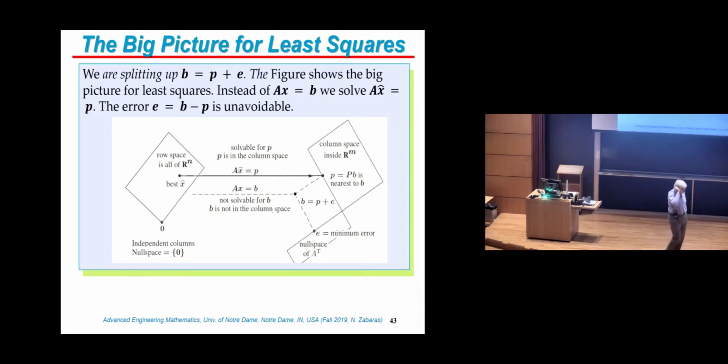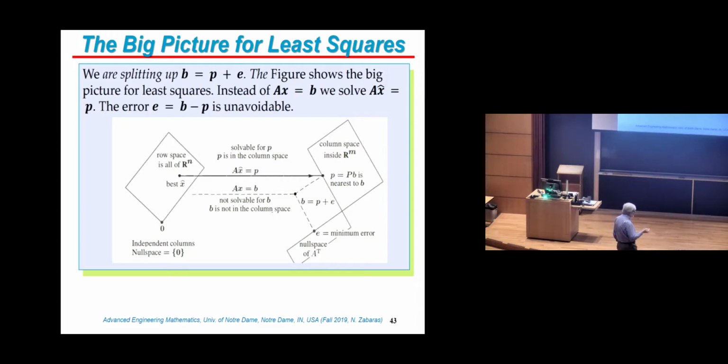Right, so basically, instead of solving AX equal to B, take the projection of B to the column space, right? And we compute it. We know how to take approximations in the column space. So effectively, we were looking for AX hat, right? That's a combination of the columns. That's the projection point.